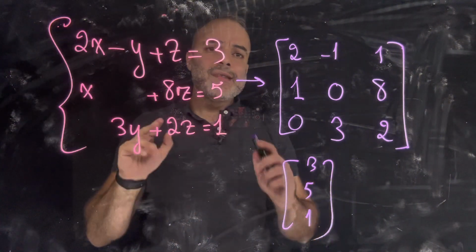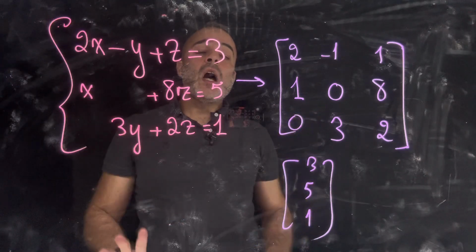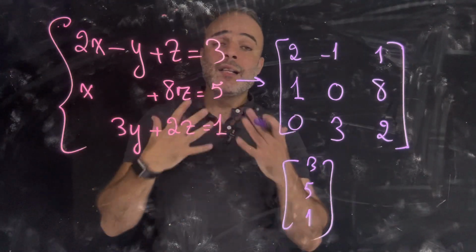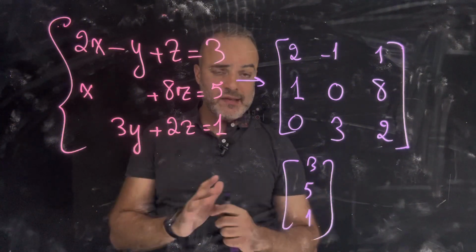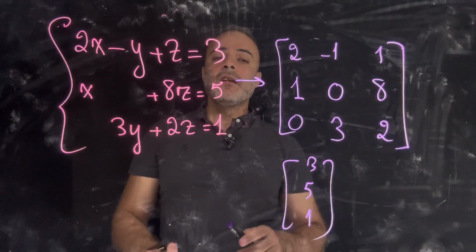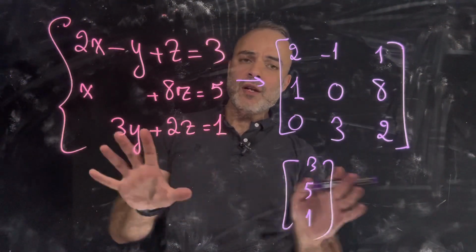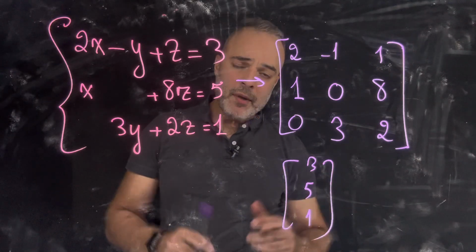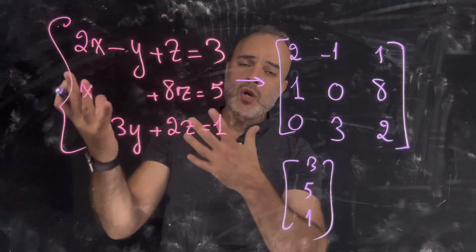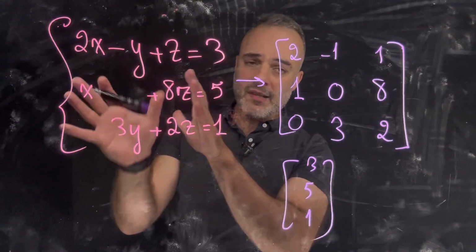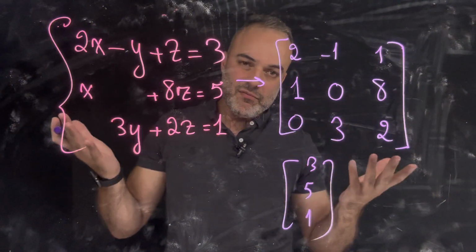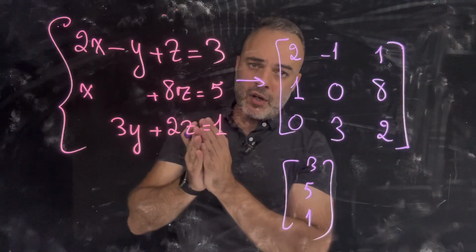We need to understand the operations that we are allowed to do for any system, so that the outcome, the equations do not change. Because again, I need to change this system into another simpler system so that the solution for this system is not changed, right? Because I need to solve this system after all.